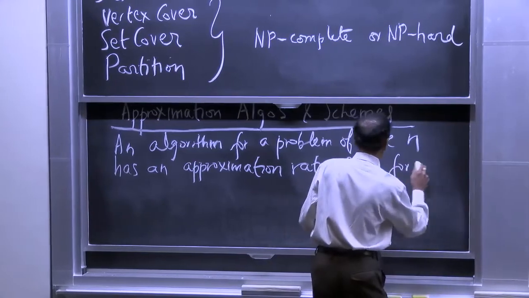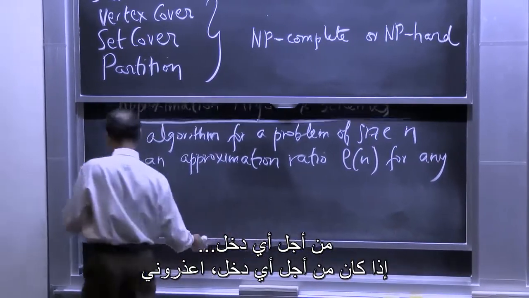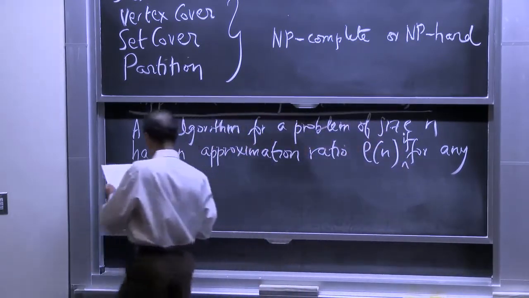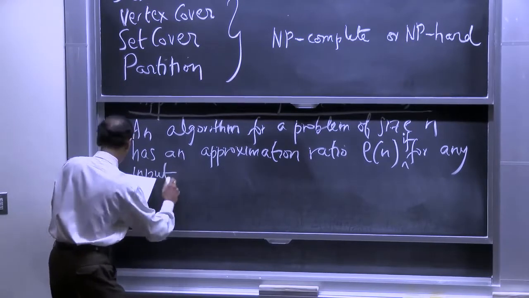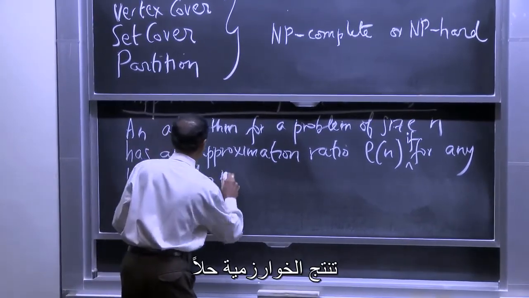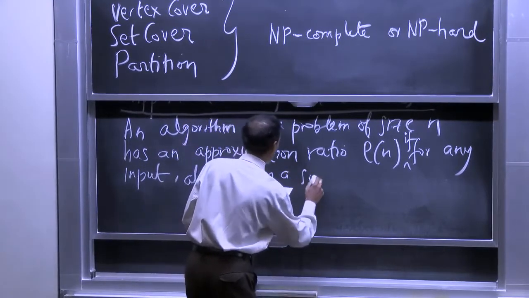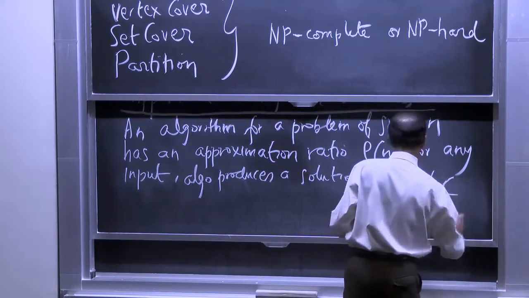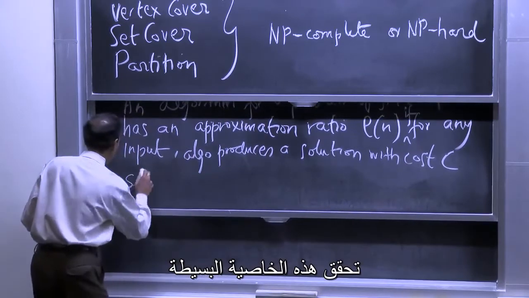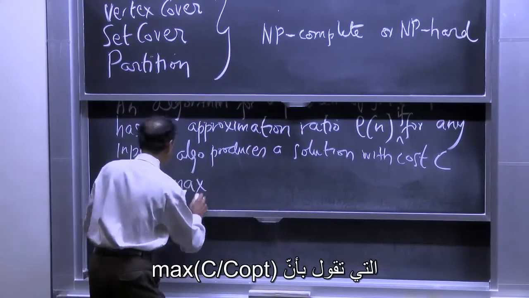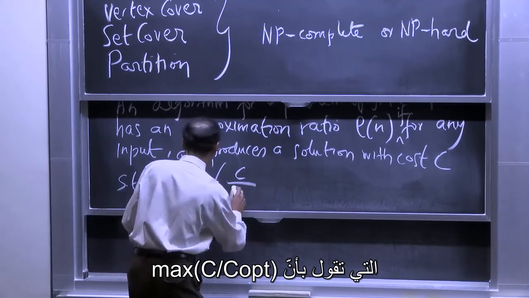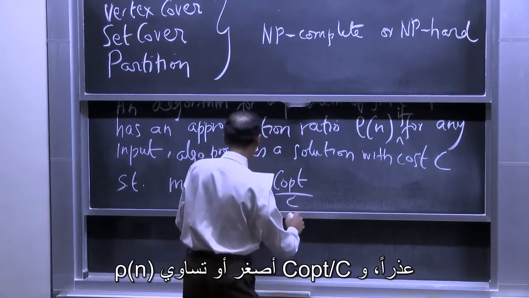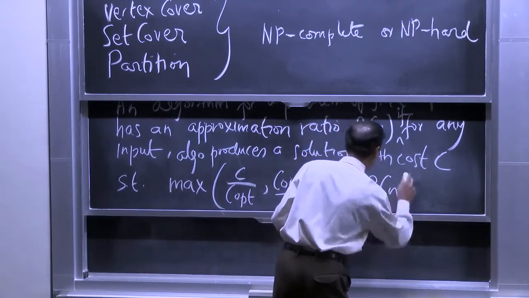For any input, the algorithm produces a solution with cost C that satisfies this little property, which says that the max of C divided by C opt, and C opt divided by C, is less than or equal to rho of n, right?